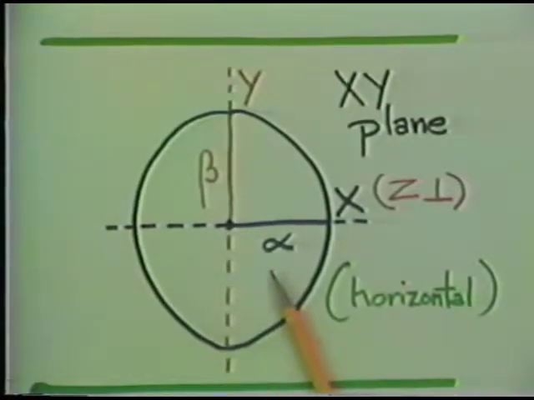But it's not possible to observe the Z vibration direction. And so this is then what we call the horizontal plane of the indicatrix, or the XY plane, where we can observe alpha and beta refractive index and isolate the X and the Y vibration direction.